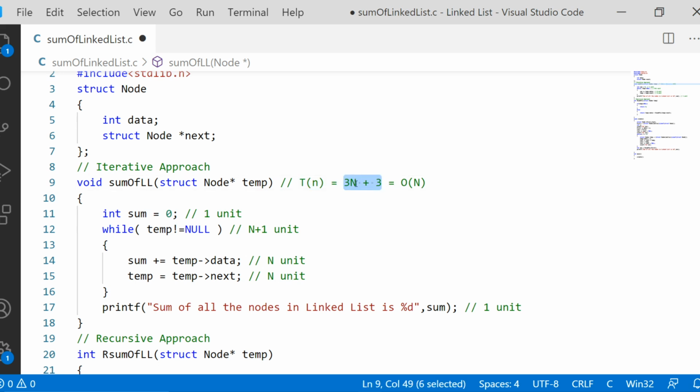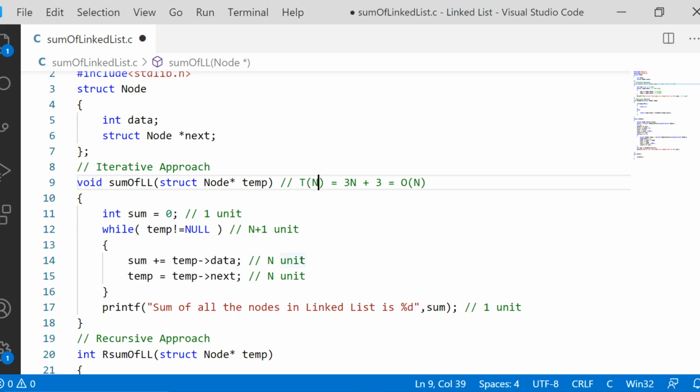From it, take the term having the highest degree, and from that term remove any constant number. 3 is a constant number, so remove 3 and take only n. So the time complexity is order of n, where n is the total number of nodes available in the linked list. The same n. Don't think that this is lowercase and that's uppercase. Both n are the same.